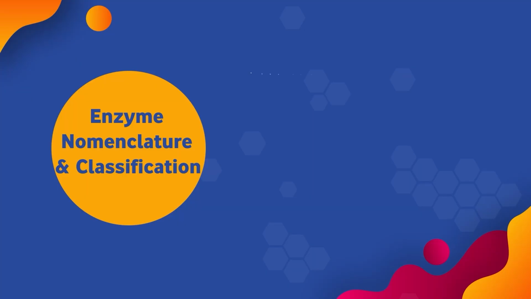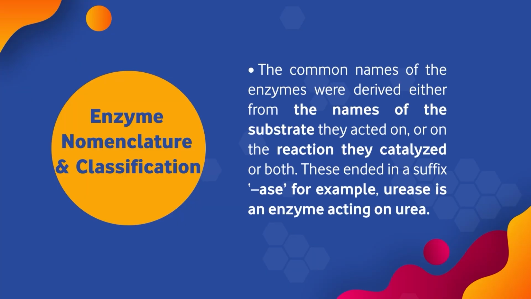Other enzymes are named for their substrate and the reaction they catalyze, with the suffix ASE added to the name. This common name pattern is derived either from the nature of the substrate they act on, or the reaction they catalyze, or both, ending in the suffix ASE.